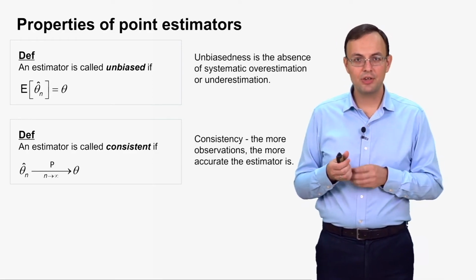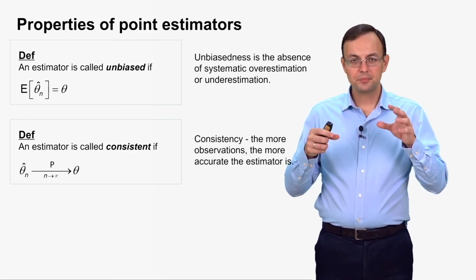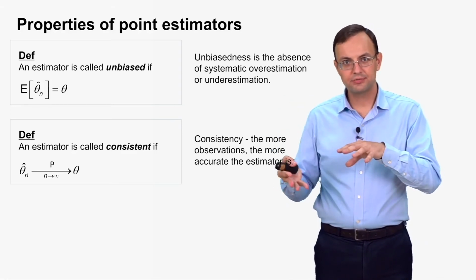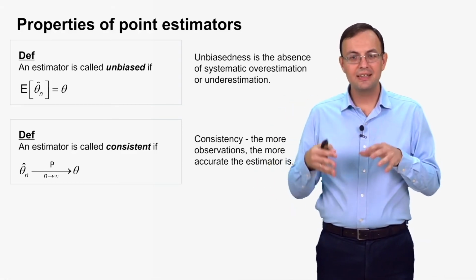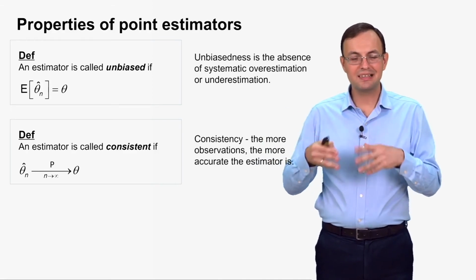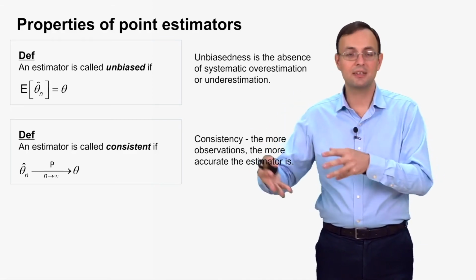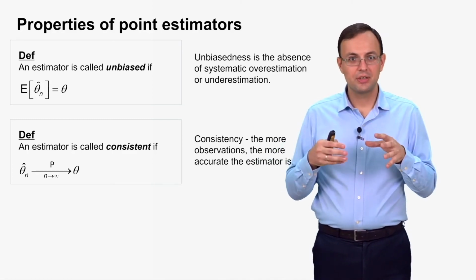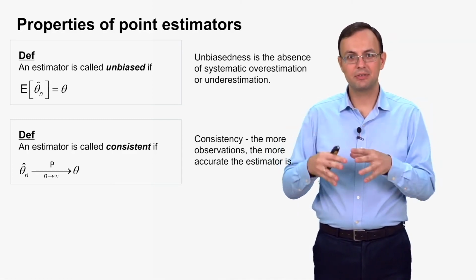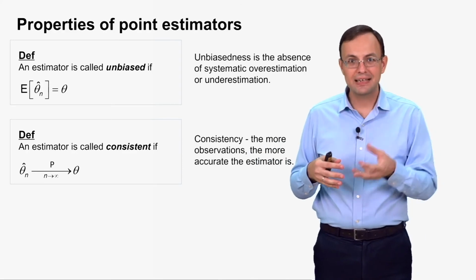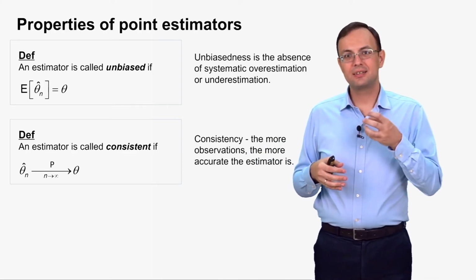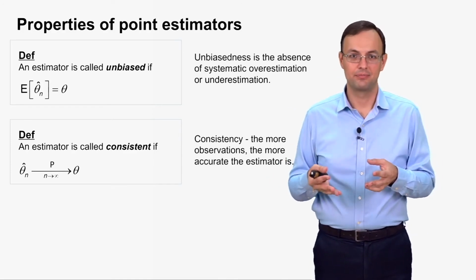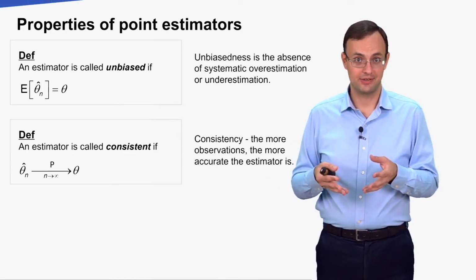So the deviation of an estimator from the estimated parameter is at the same time its deviation from its own expected value. And so what feature of a random variable shows us how big its deviation from its own expected value is? This is the variance.